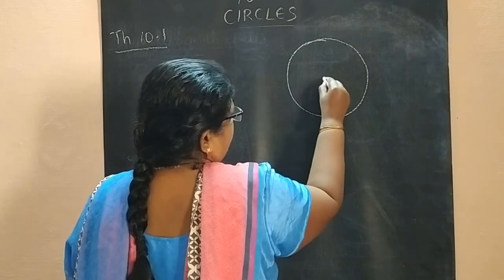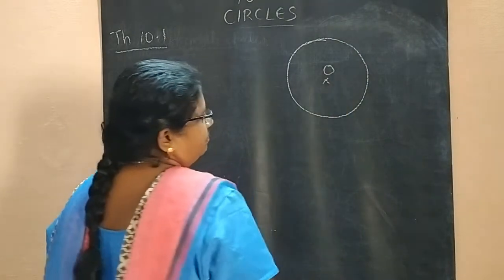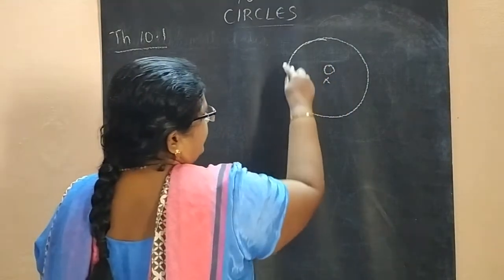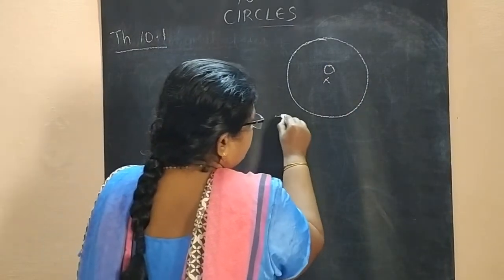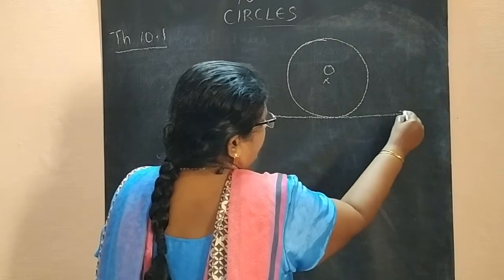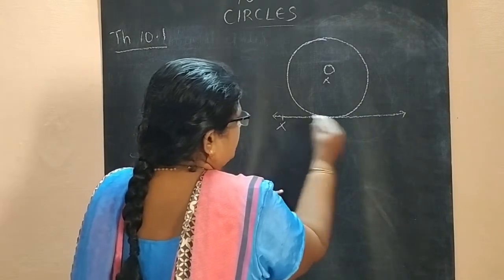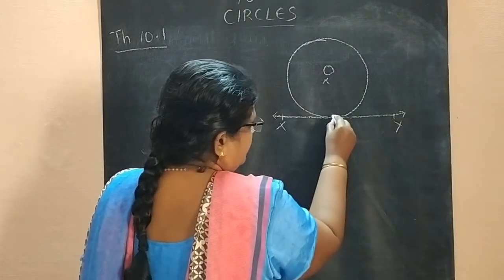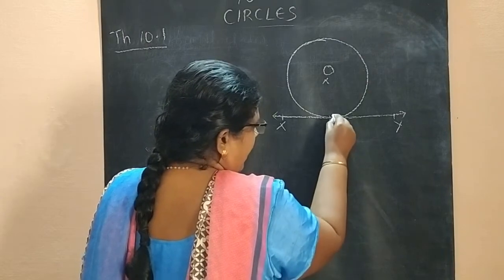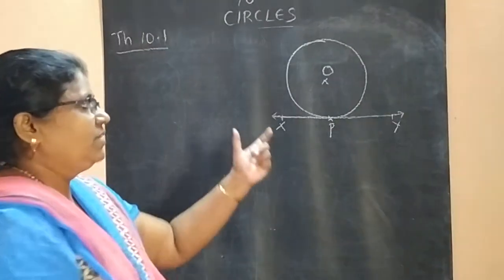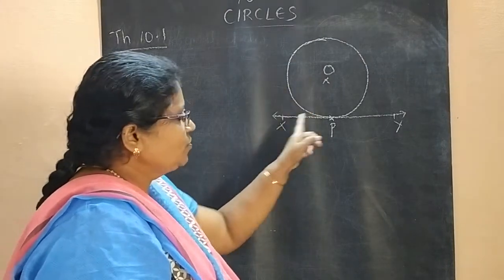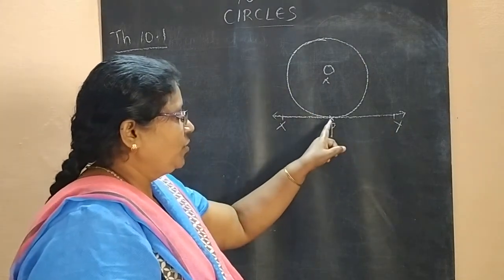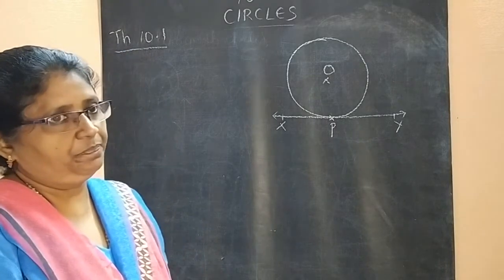Suppose that the circle has center O, and there is a tangent XY at the point of contact P. This is given.